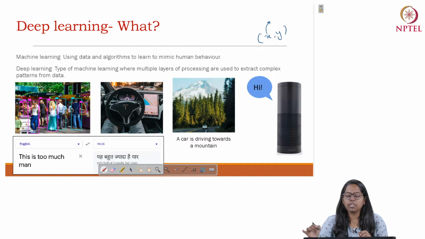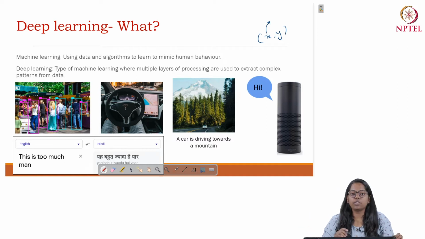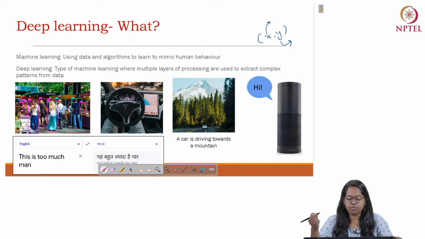Where X is the input, which for the first case of image classification is the plain image without any classes, without any objects being identified. Or in the case of image captioning, it is just the image. And Y is the desired output. In image captioning, X is the image and Y is the caption.